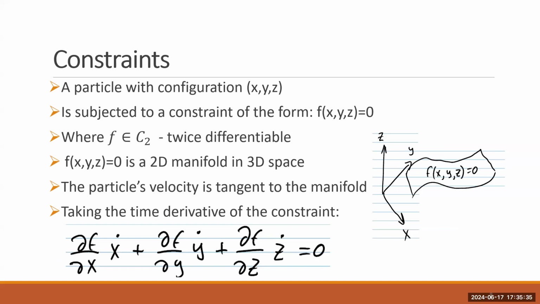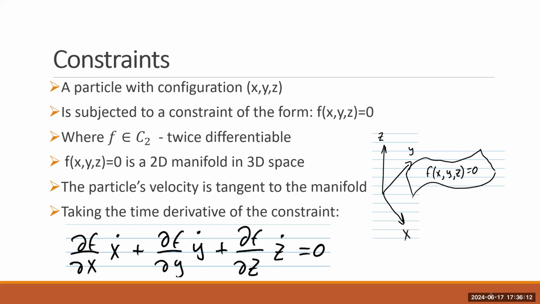So, if I have a particle with a configuration x, y, z, and it is subjected to a constraint of the form f of x, y, z equals 0. This can be any type of constraint. We can look at this as a particle in the space x, y, z, but it is constrained to move on a manifold f.